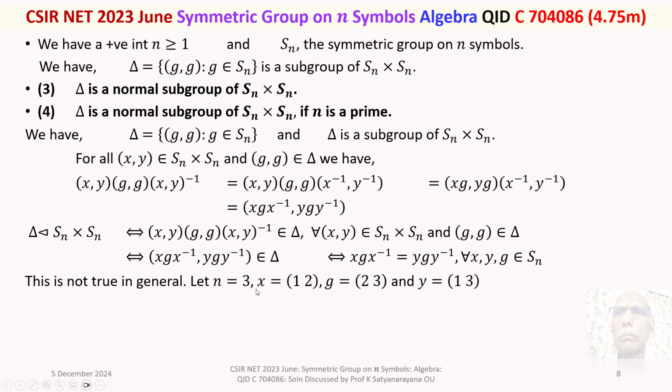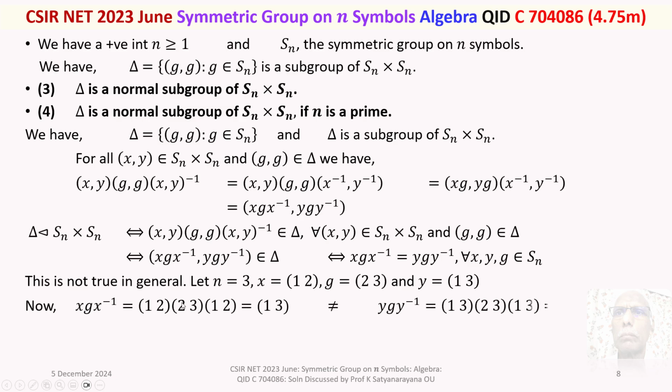Why? Take n equal to 3. x is the transposition, that is the cycle of order 2, (1 2). g is (2 3). y is (1 3). All are transpositions, that is cycles of length 2. Now xg x inverse: x is (1 2), g is (2 3), (1 2) inverse is (1 2) only. Now multiply.